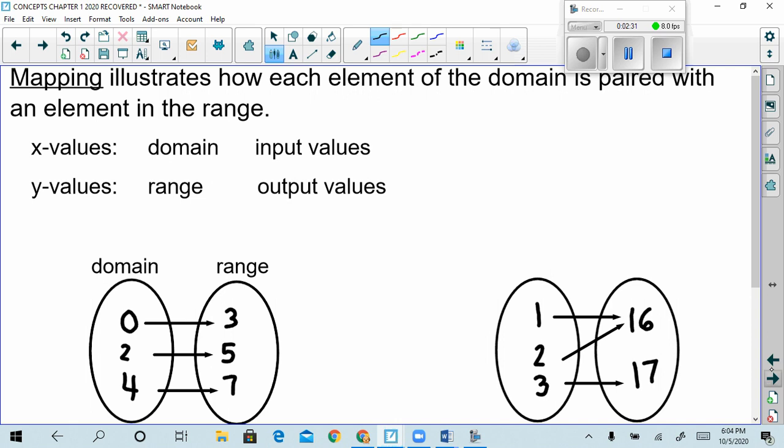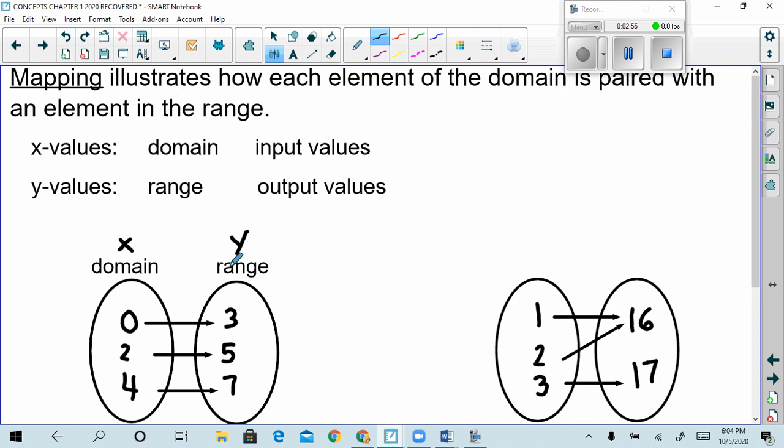Mapping is a way for us to show or illustrate how terms from one section relate to another. We call this our domain and our range. The x values are our domain, and the y values are called our range. We look at them and we say that they're also our input and our output.